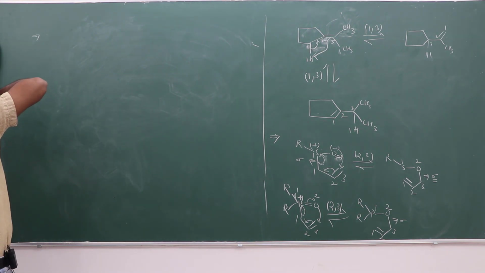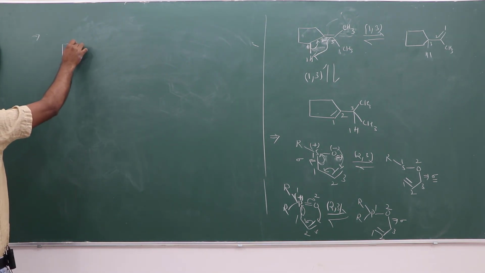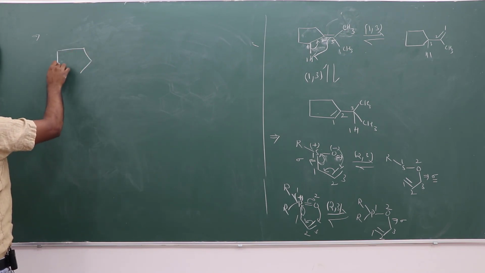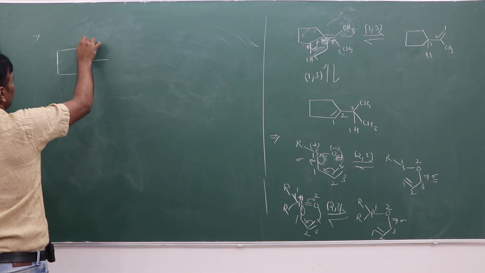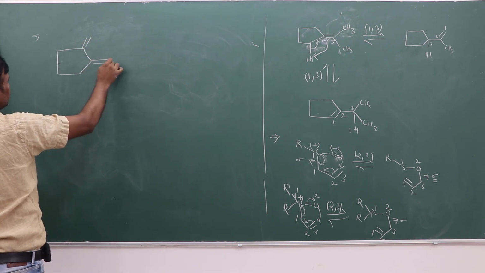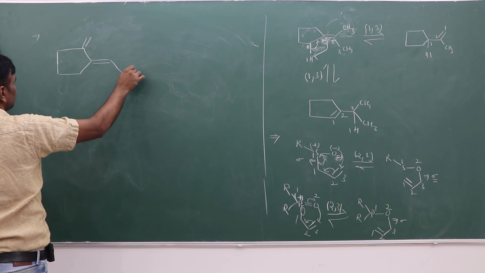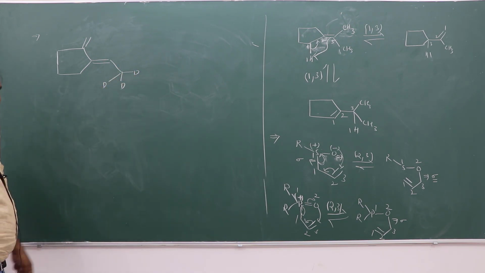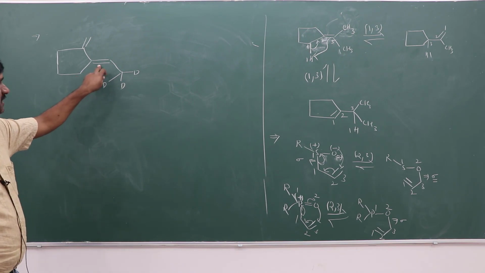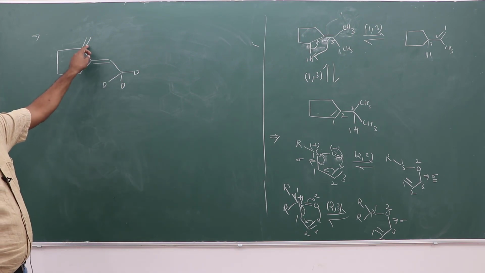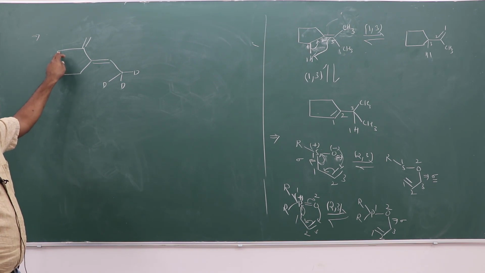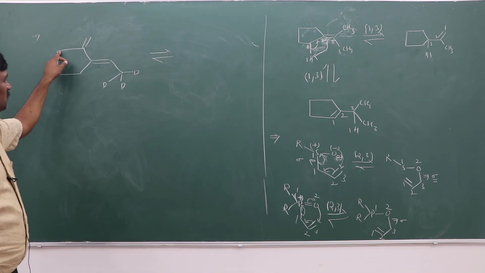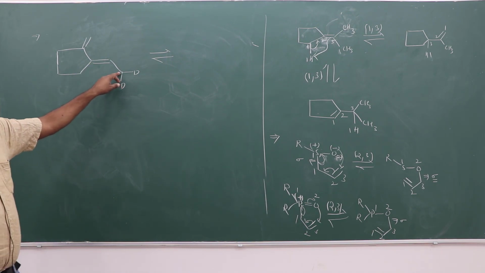Here is one more example, with deuterium. With respect to the unsaturation, this is the saturated position. Based on the resulting products, you may decide which is the saturated position.